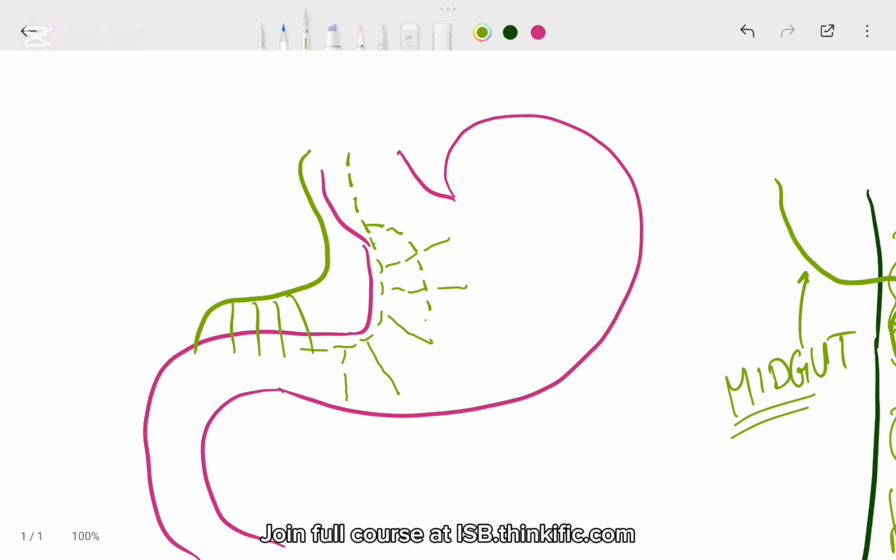Okay, so what's the functional significance? It means that vagus nerve provides parasympathetic innervation to foregut and midgut structures, including abdominal part of esophagus, stomach, liver, gallbladder, pancreas, small bowel, and proximal large bowel.